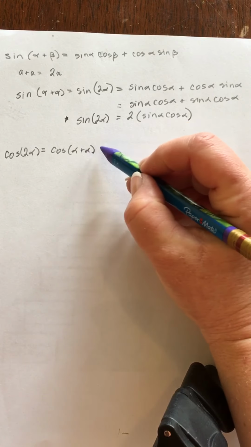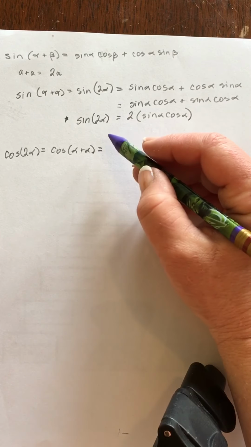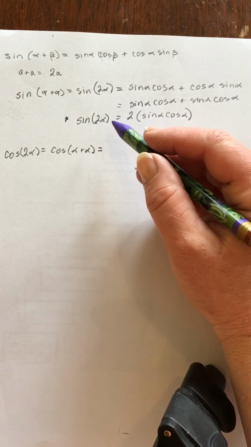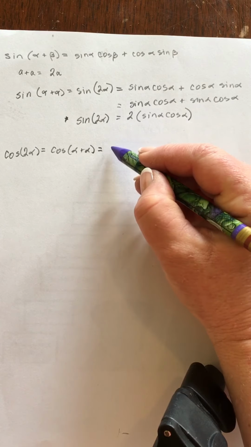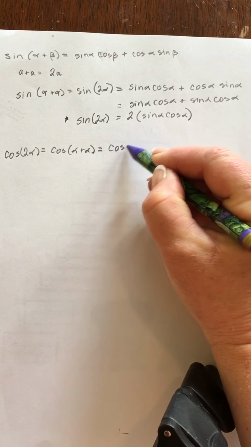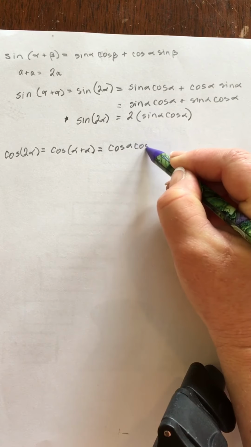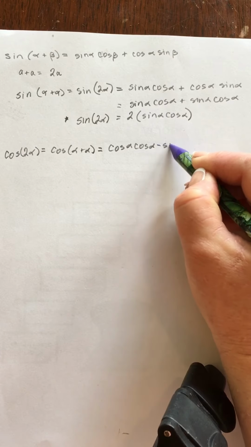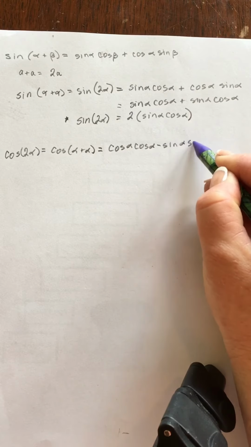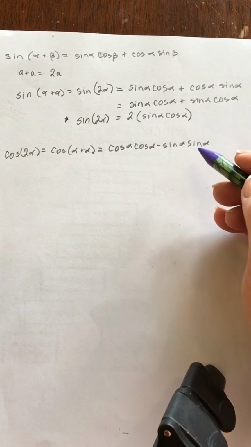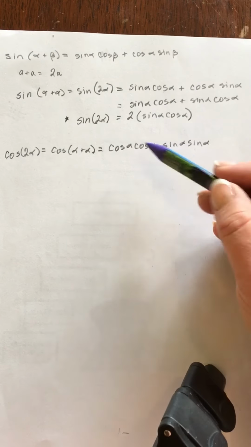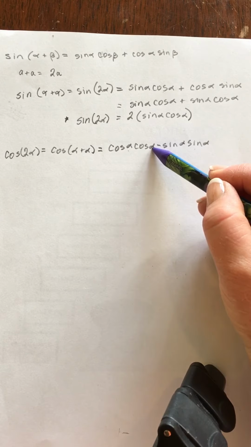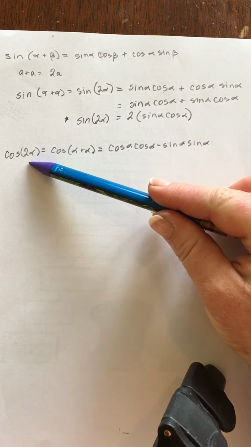Our sum identity for cosine is going to be cosine alpha cosine alpha minus sine alpha sine alpha. That's just the sum identity for cosine, but both of the angles are the same because we want 2 alpha.